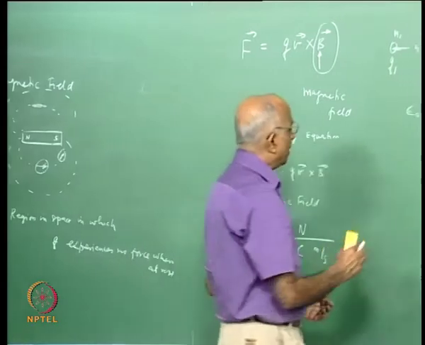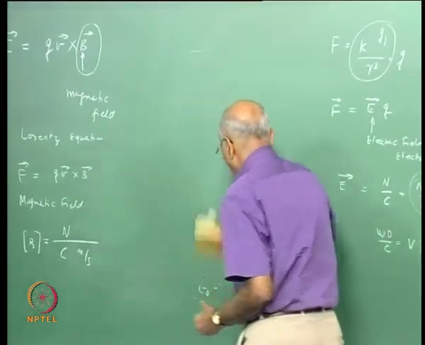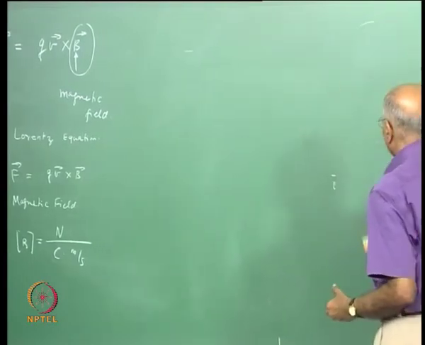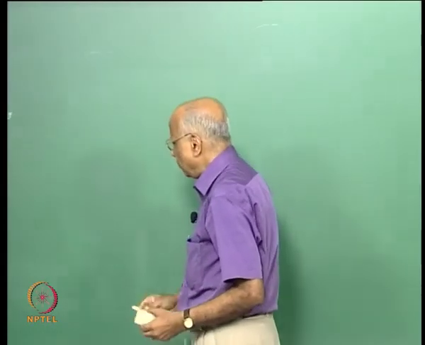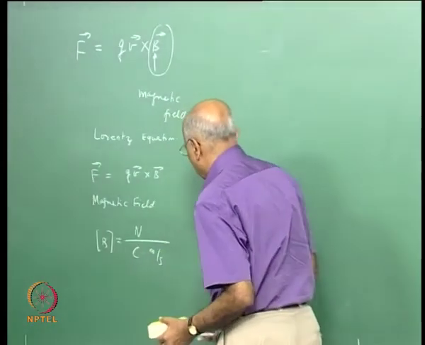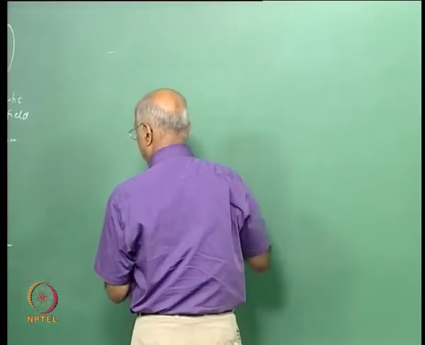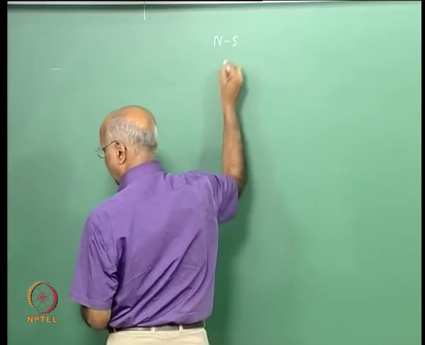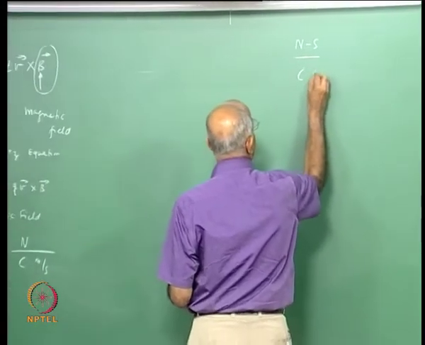Can I simplify it and put it in a way which is easy for me to understand and interpret? Well, I say Newton per Coulomb into meter per second. I write it as Newton second by Coulomb meter.